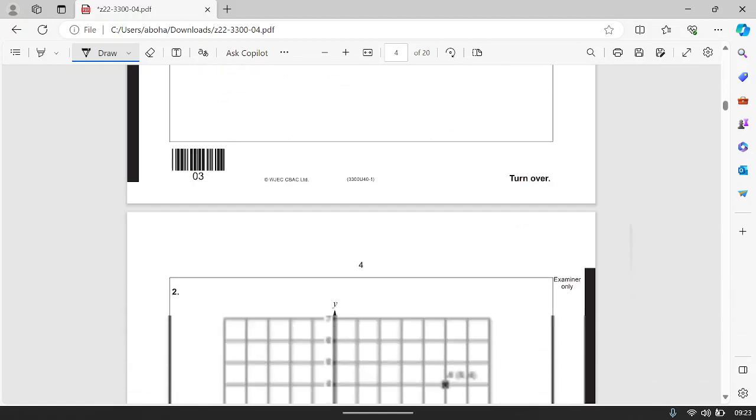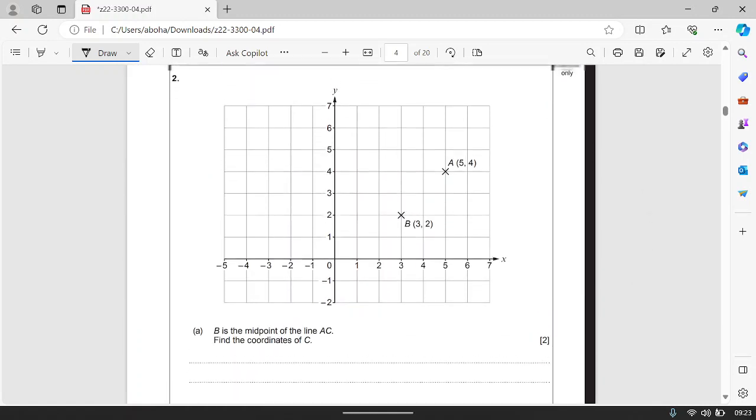Then moving on to question 2. Find the coordinates of C. So B is the midpoint of the line A to C. Well, what I would do here is I would just do this purely by inspection. So we're going across 2, down 2.